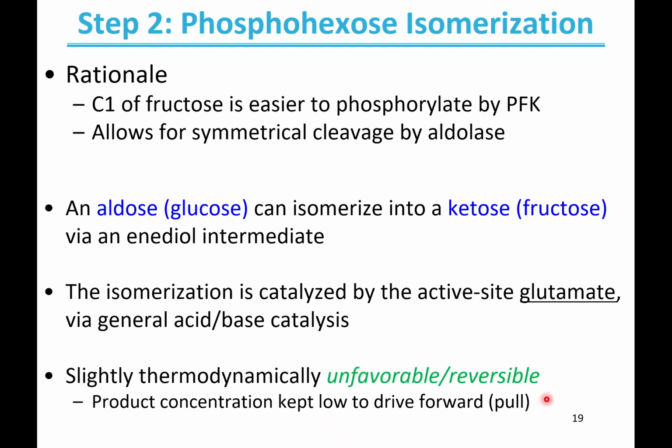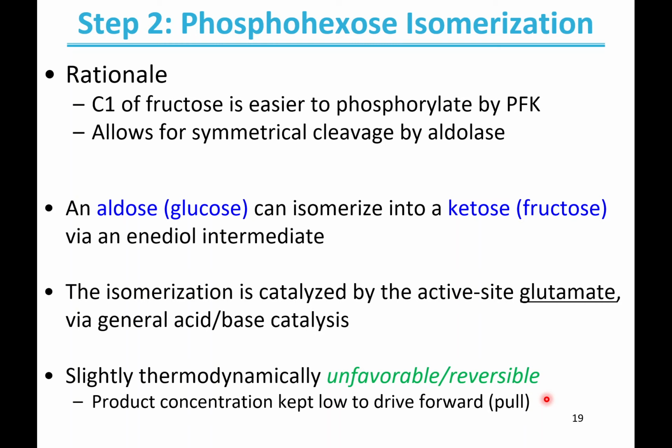Okay, once the product of this reaction is made, it's used in a next step, which keeps that concentration low, which drives the reaction forward. You're pulling it forward. So there's two ways you can get around having a slightly unfavorable delta G naught prime.